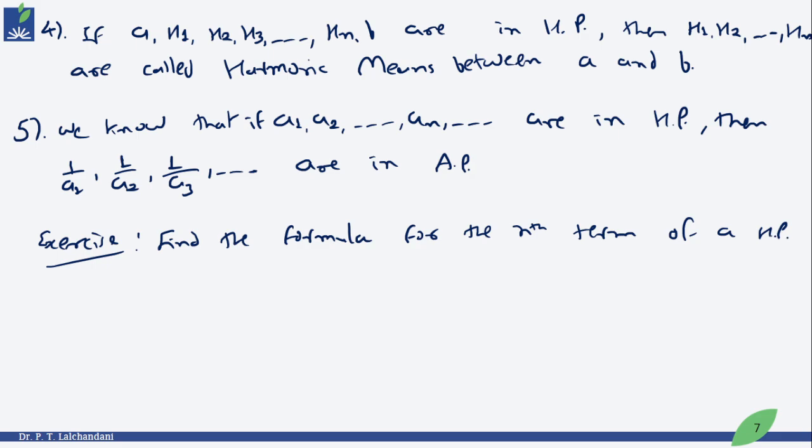So this one is an exercise for you. You have to find the formula for the nth term of the harmonic progression. Okay. So after noting down these remarks, let us move further and discuss some examples.